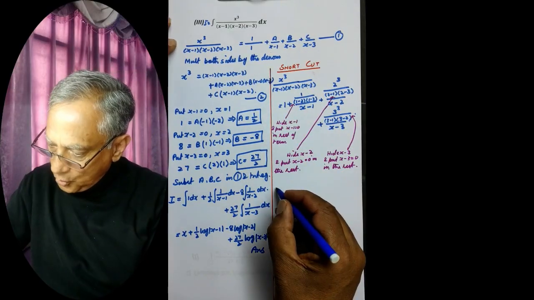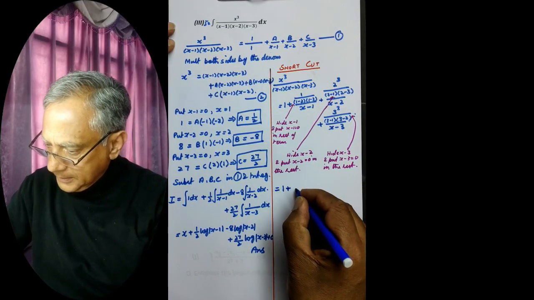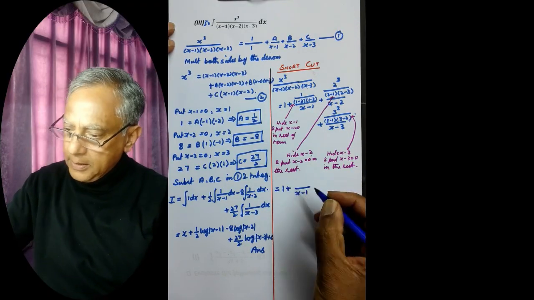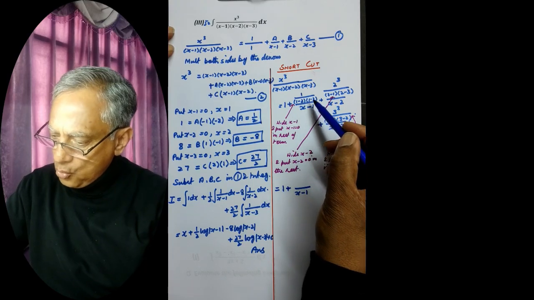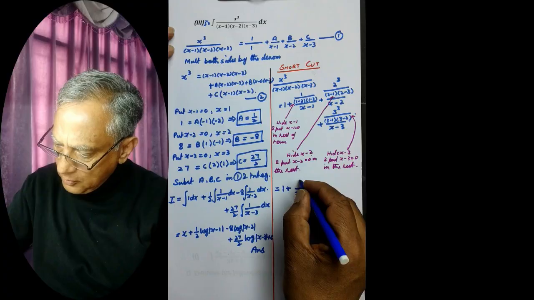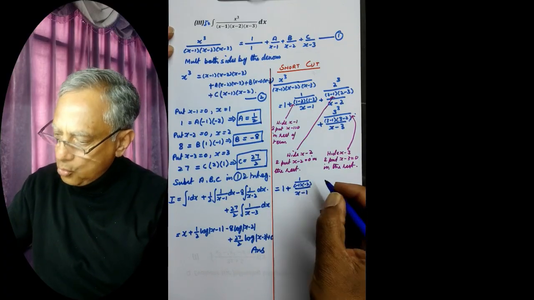So this is equal to 1 plus, for x minus 1, this is 1 over (minus 1) into (minus 2).